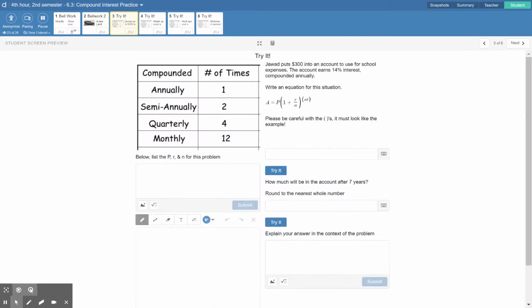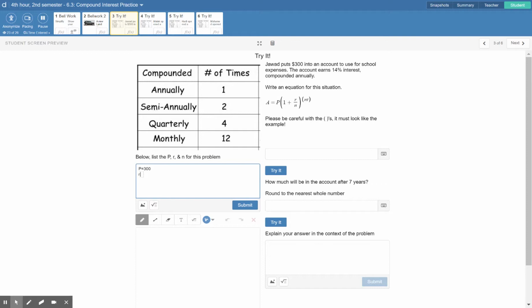Compound interest is another type of formula. It is used when we are compounding the money being earned. So they have different variables. The capital P stands for principal. That's how much you're starting with. So Jawad puts 300.